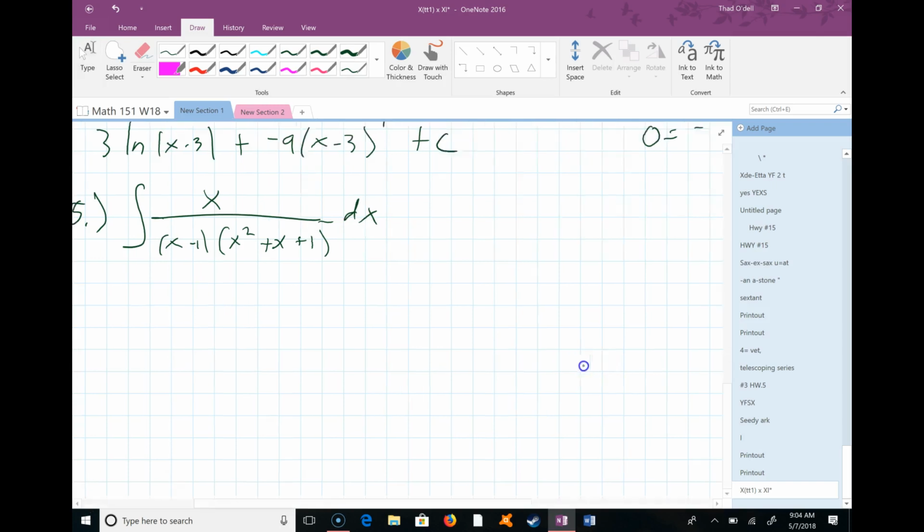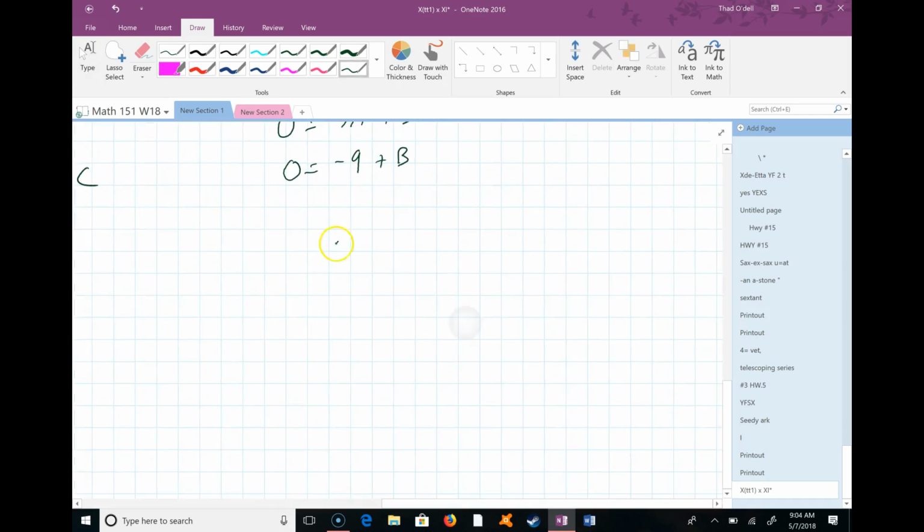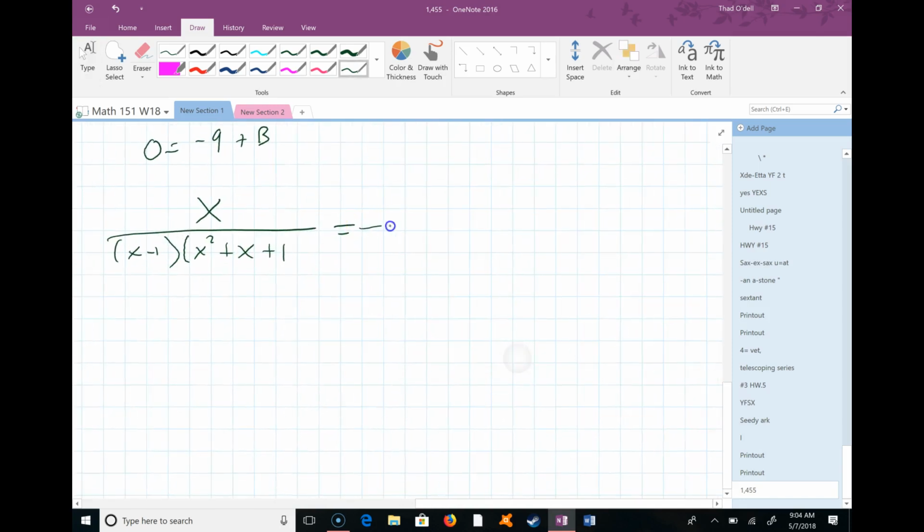So once again, we're going to go over to the side. I'm going to write our big fraction, x over x minus 1 times x squared plus x plus 1. And this time we're going to break it into 2 fractions again, which we're going to have x minus 1, and we'd have to have x squared plus x plus 1 here, right, to get the same common denominator. And we are going to put an a here.